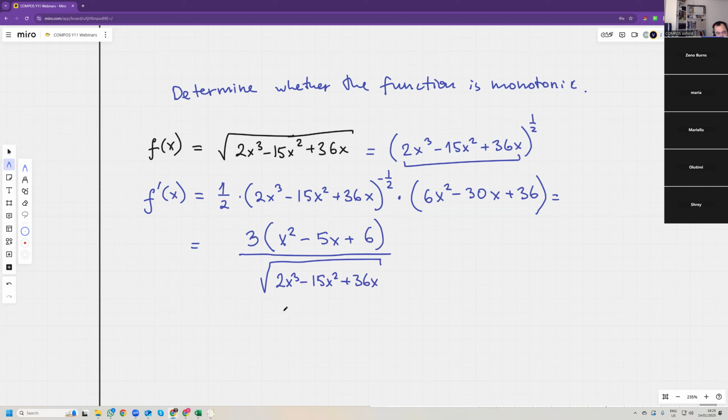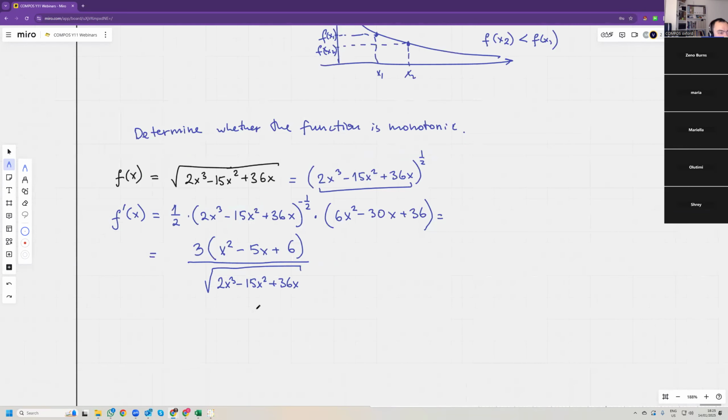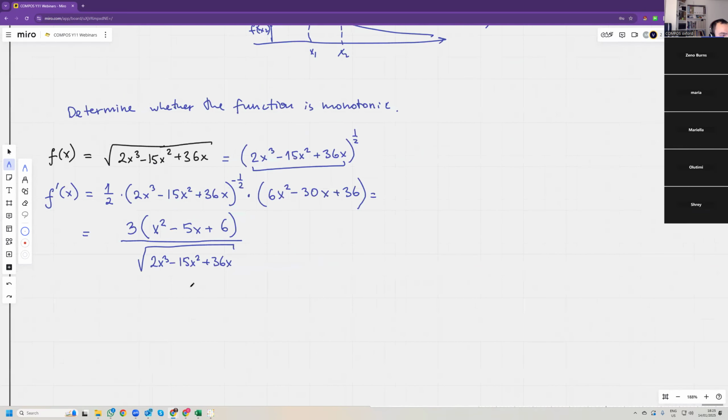Now we know that the square root can only be positive, non-negative. Okay, so we have to exclude the domain. Do we need to find the domain?